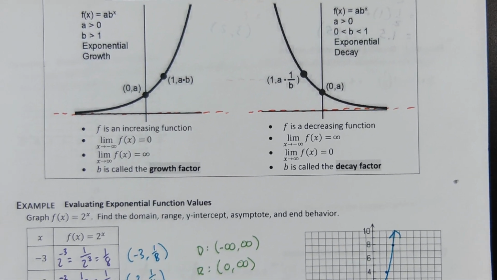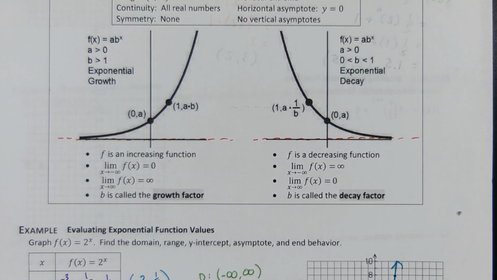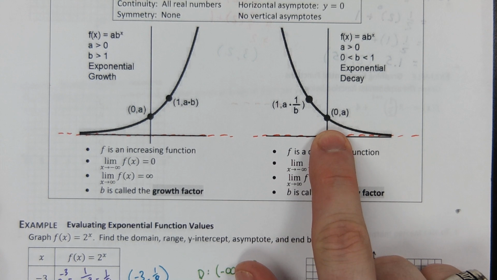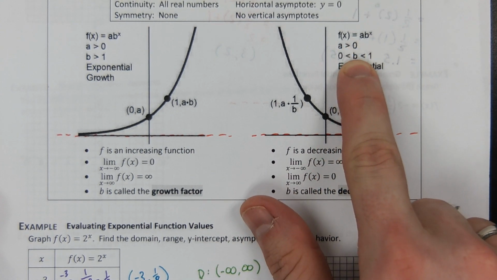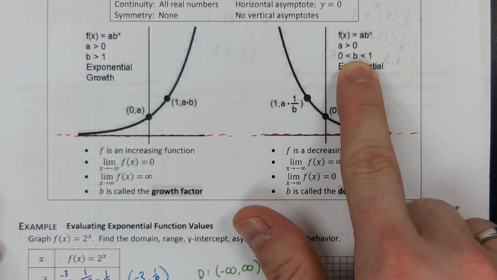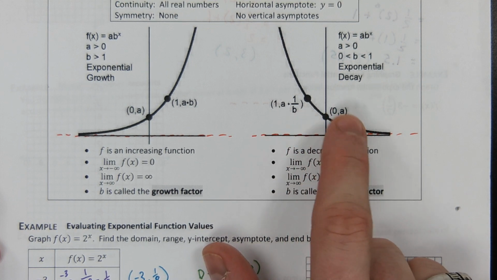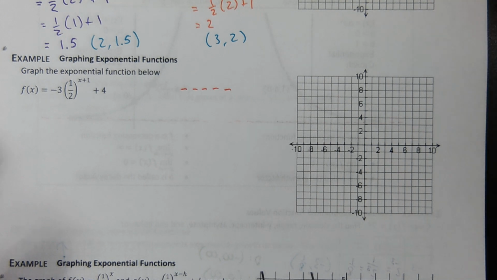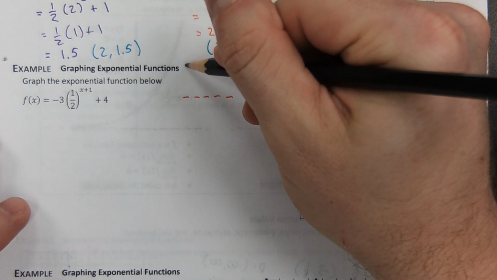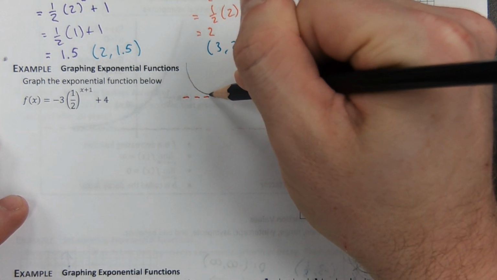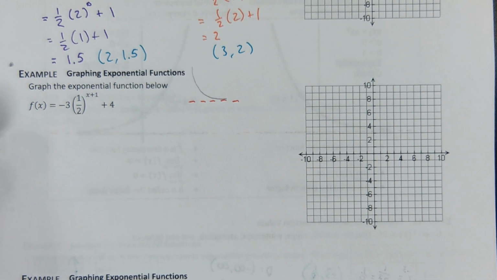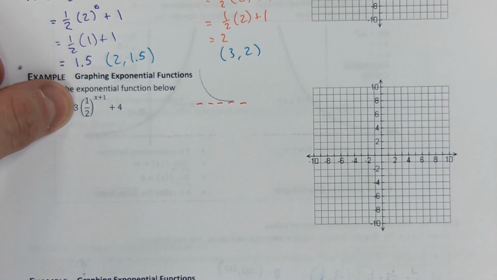If A was positive and the base was between 0 and 1, we would have this shape. See? Positive A and a base that's between 0 and 1, right? We'd have this image. Drawing it in pencil because it's not actually there. It would look like that if that was a positive number. But it's not.